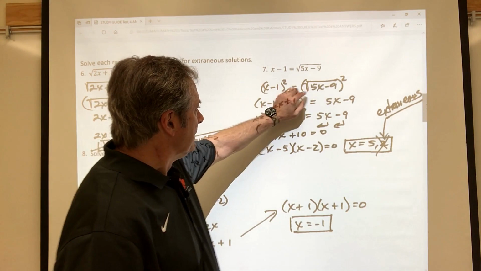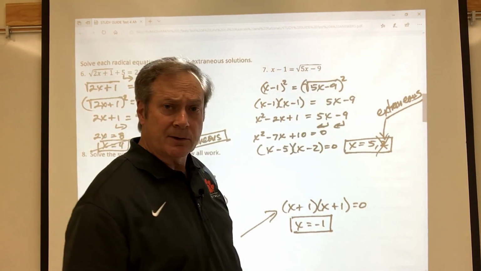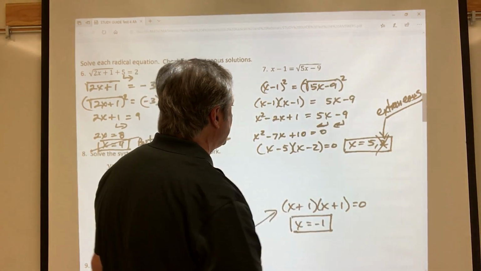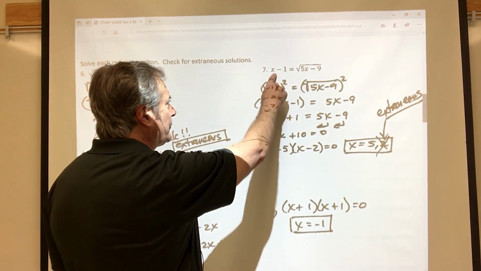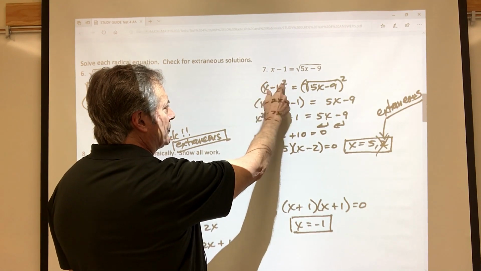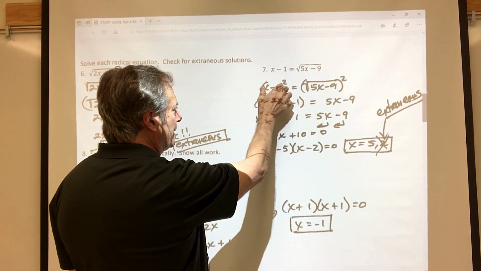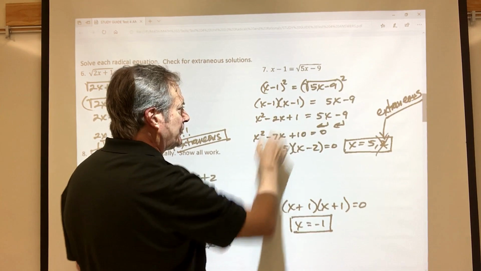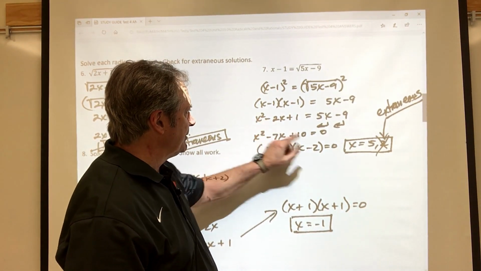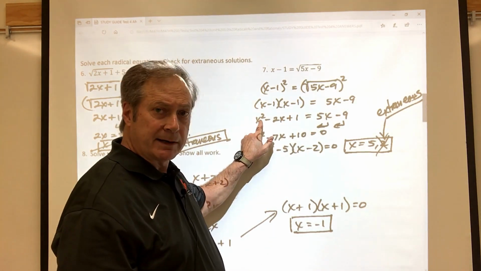Number 7. Again, the trick, we have to get rid of the square root operation, so we square both sides. But notice that when you square a binomial, it's not just x squared minus 1 squared. It's x minus 1 times x minus 1. So you have to distribute that out, and now we've got a quadratic equation.